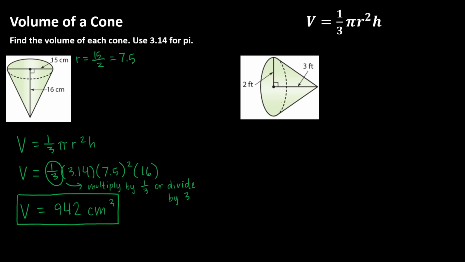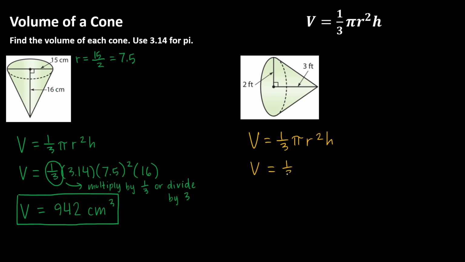So in this cone, even though it's turned over, I am seeing that the height of the cone from the base to the tallest point of the cone is 3 feet. And the radius of the base of the cone is 2 feet. And I'm just rewriting my volume formula again. When you're practicing things like this, it does help to write that volume formula so that you get it in your memory a little bit easier.